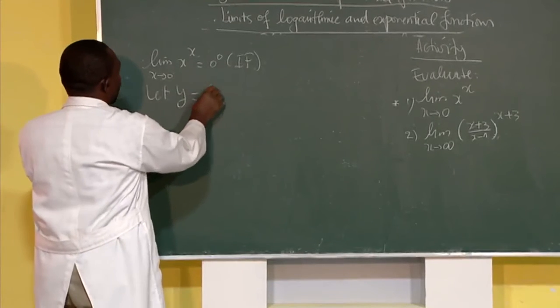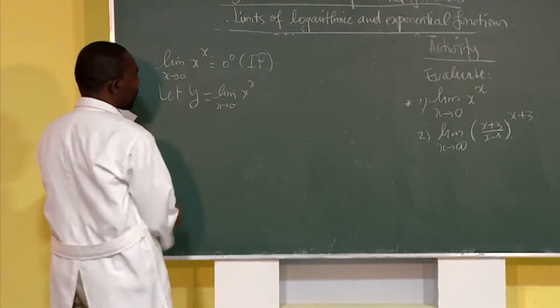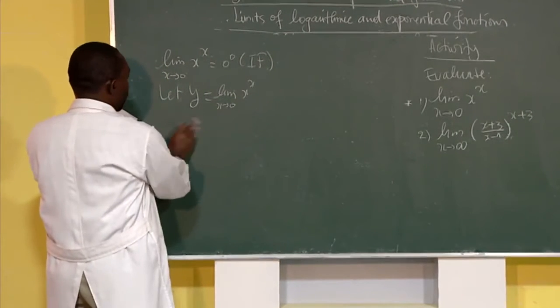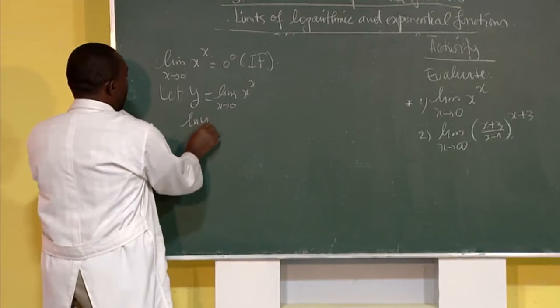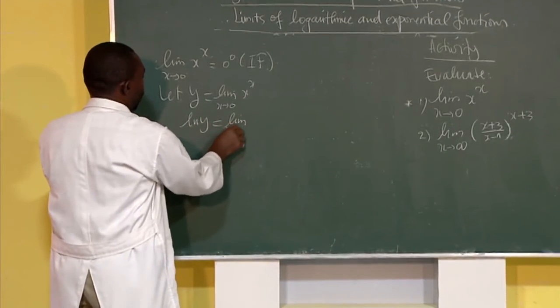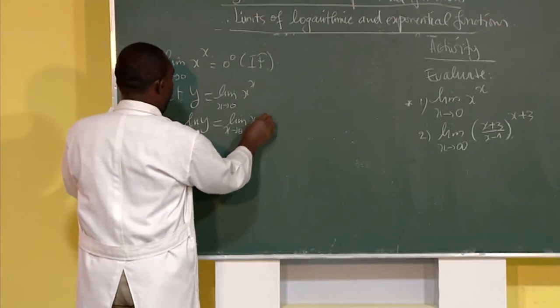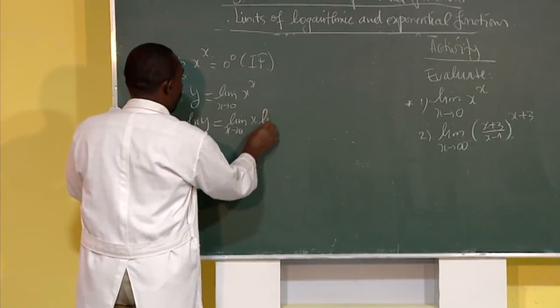y equals the limit of x power x as x approaches 0. This is ln of y, which is equal to the limit of x approaching 0 of x ln of x.